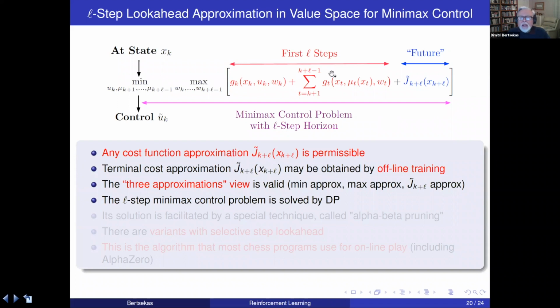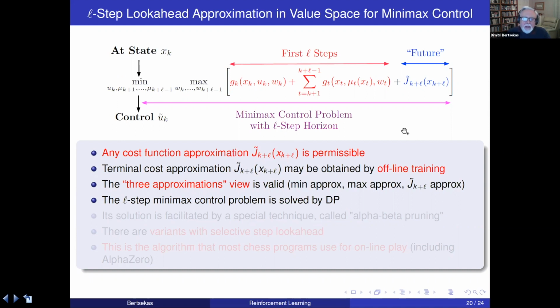How about this L-step minimax problem? It can be solved by dynamic programming, because dynamic programming can solve any finite horizon problem. So it can solve this L-step problem.